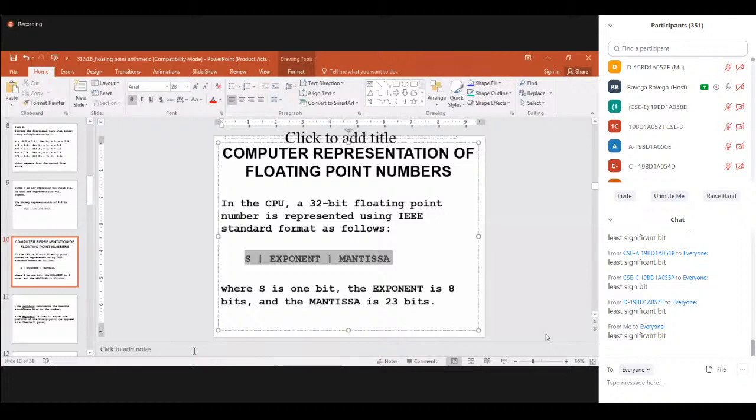S is nothing but the sign bit, which may be 0 or 1. The exponent is the particular number which is used to adjust the decimal numbers, and the mantissa is the particular binary number. The size of S is 1 bit, the exponent is 8 bits, and the mantissa is 23 bits.